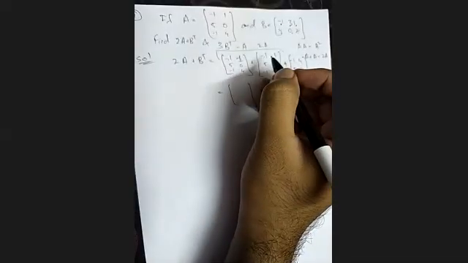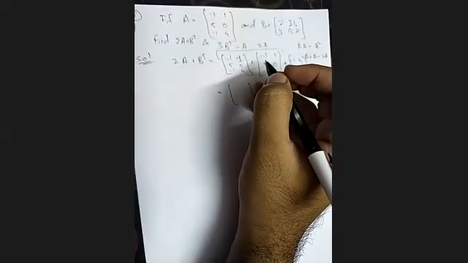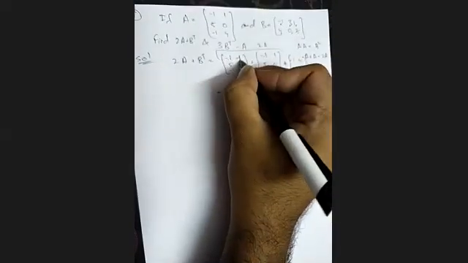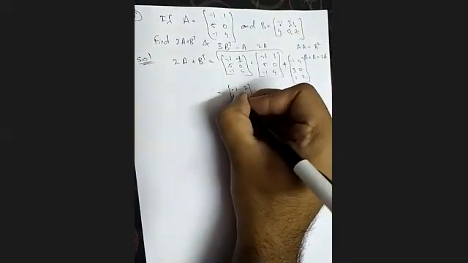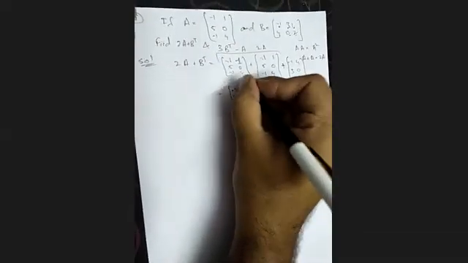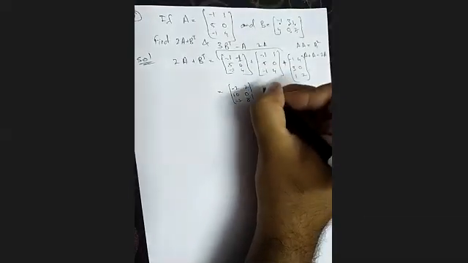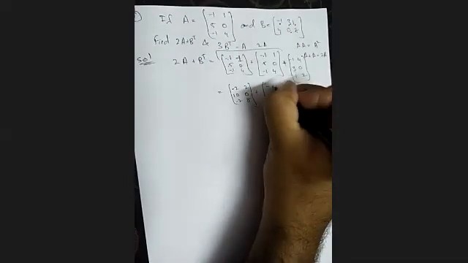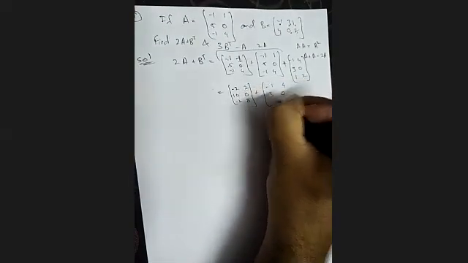Minus 1 plus minus 1 will be minus 2. 1 plus 1 will be 2. 5 plus 5 is 10. 0 plus 0 is 0. Minus 1 plus minus 1 is minus 2. 4 plus 4 is 8. Plus minus 1, 4, 3, 0, 1, 2.